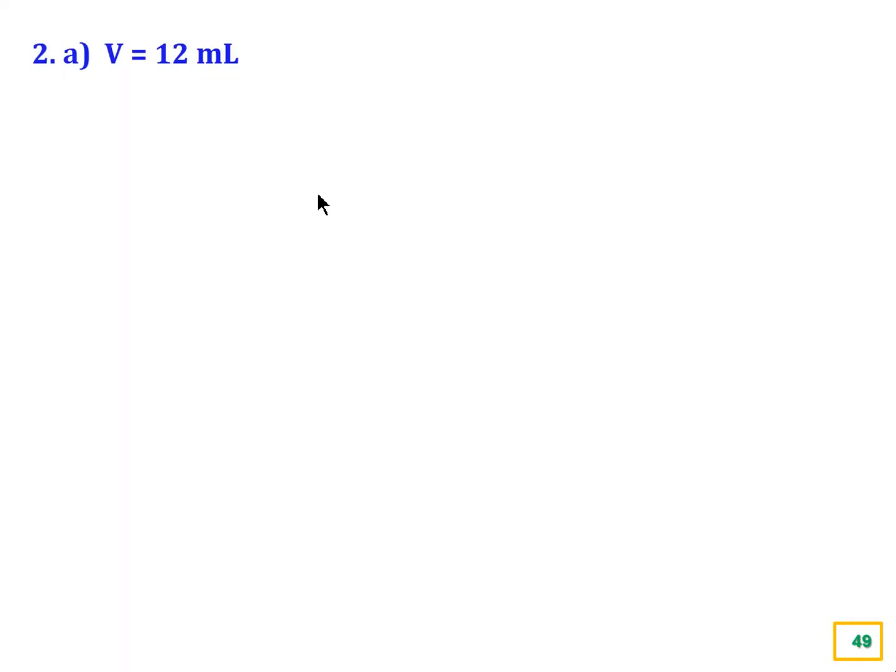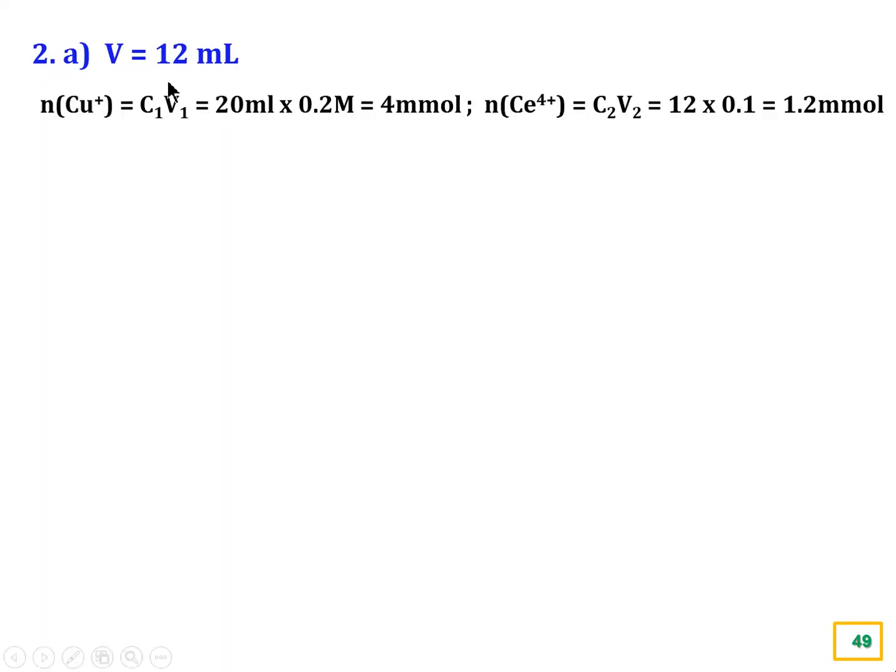What is the potential of the solution after addition of 12 milliliters of cerium 4+? V equal 12 ml is before the equivalence point, so all cerium 4+ added to the solution will disappear completely.